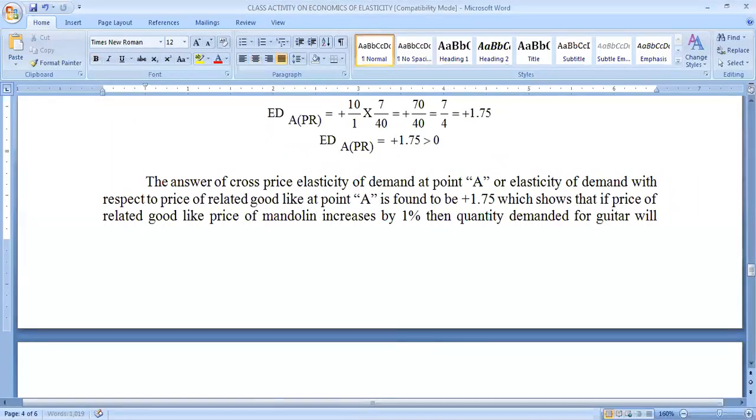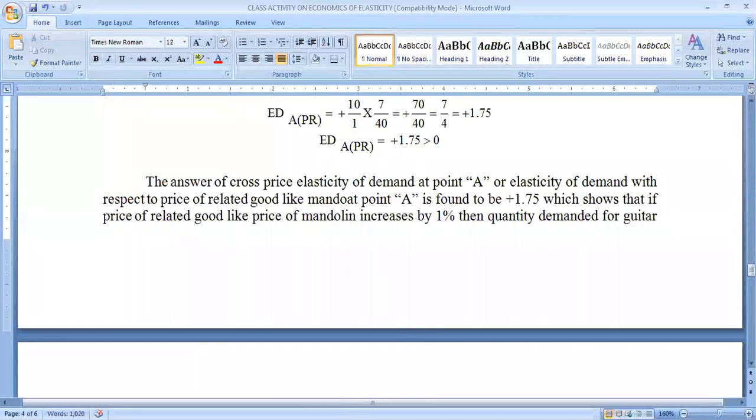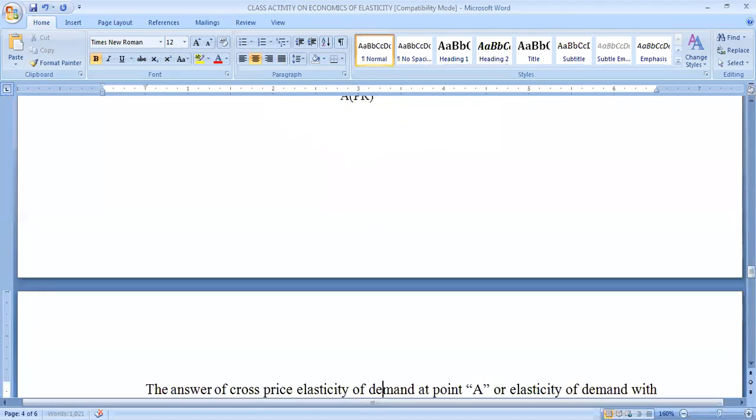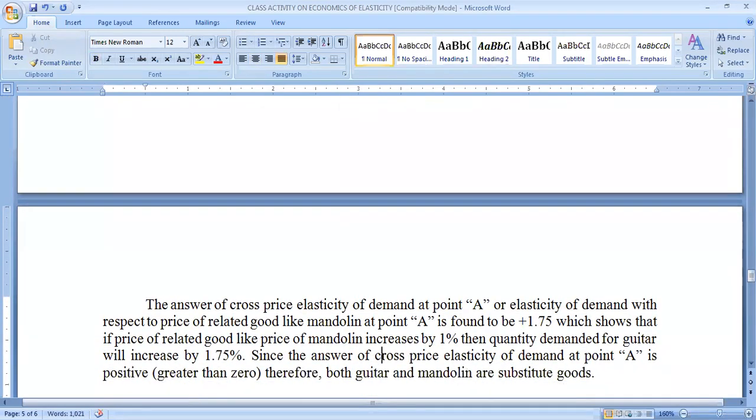It is mandolin. At point A it is found to be plus 1.75, which shows that if the price of related good, like the price of mandolin, increases by 1%, then quantity demanded for guitar will increase by 1.75%.